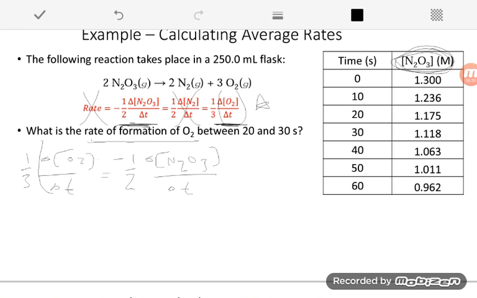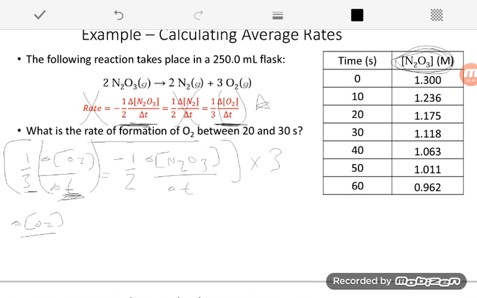So what I'm really solving for is in this parenthesis here, the change in oxygen over time. So some people like to put a big X there because they like to solve for X. It makes them feel better. Whatever you want to do. But since this is what I'm solving for, the very first thing I'm going to do is take this whole thing and multiply by 3 so I can cancel out this 1/3 here.